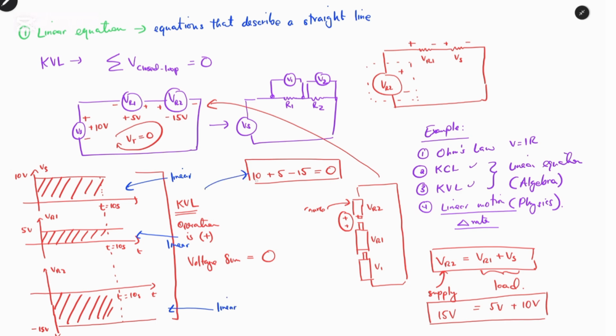So we use the expression 10 plus 5 minus 15, which will give us the voltage sum of 0. And remember that minus 15 is all about the polarity of the second connection. Mostly when we add all of them together, they sum up to 0.